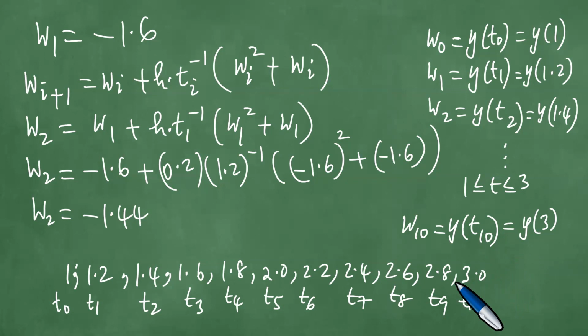And then it's W10. But now, if we're going to use Euler, we can't find W10 without W9. So we must go through all of them, because for us to get W2, we used W1. All right, so it's okay. We understand that. But let me just do one more to illustrate the idea. I know it's boring already.